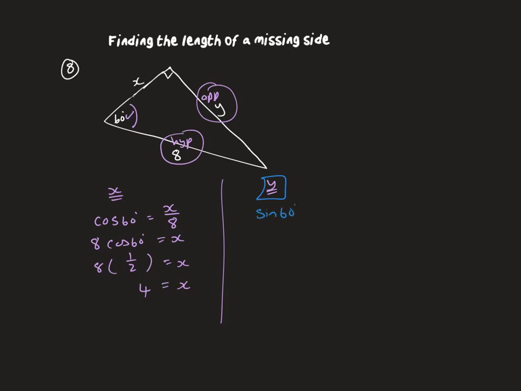So sine of 60 degrees equals opposite, which is y, over hypotenuse, which is 8. So 8 sine 60 degrees is equal to y. Then y is equal to 8, and sine of 60 is root 3 over 2. So 8 root 3 over 2 is equal to y. 2 goes into itself once, and into 8 four times. So 4 root 3 is equal to y.